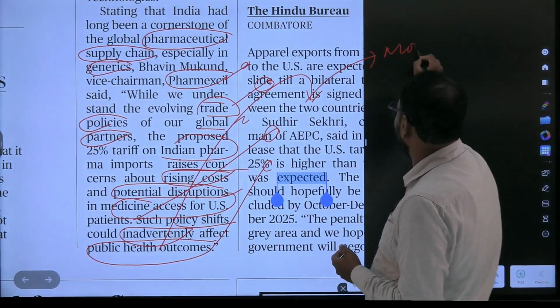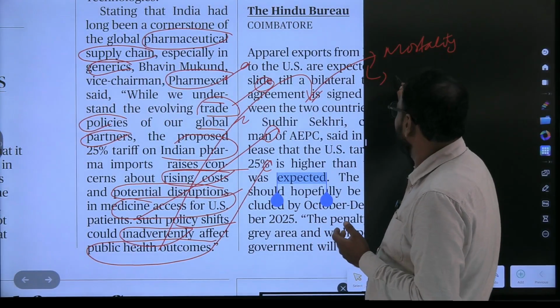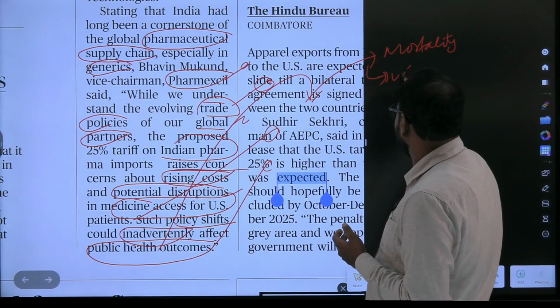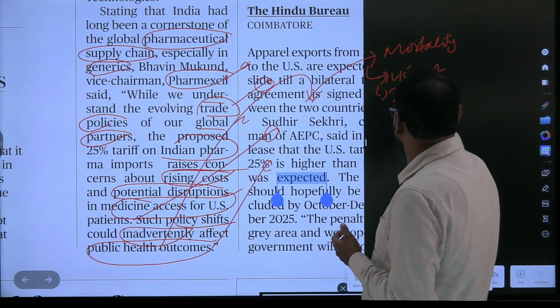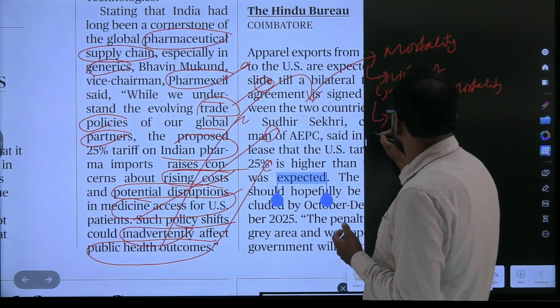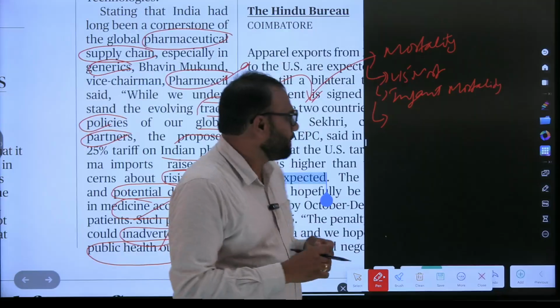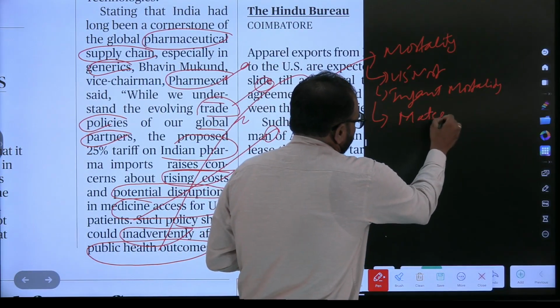For example, mortality. Generally we will take under 5 mortality, infant mortality, and maternal mortality.